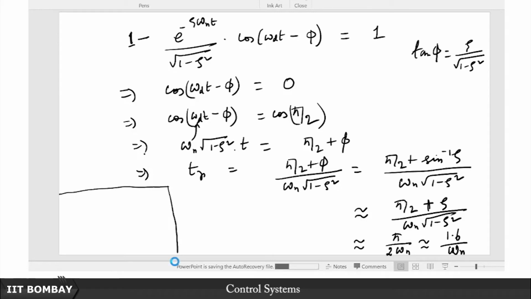So you see, this is just a matter of this numerical value after all. For the underdamped system we have derived this subject to certain approximations on this zeta being small. We have shown that it is actually almost equal to 1.6 divided by omega n.